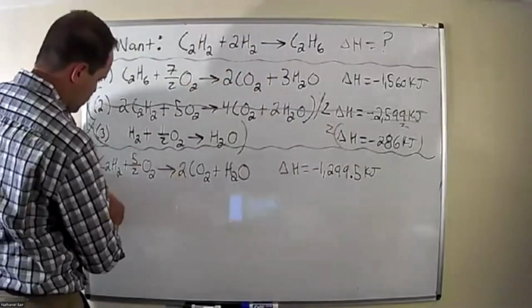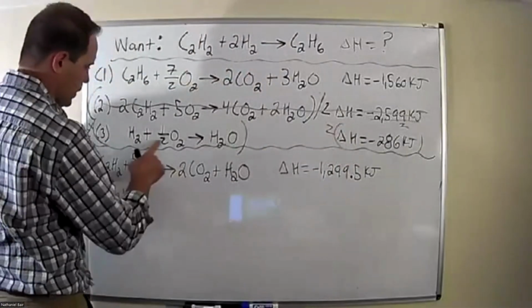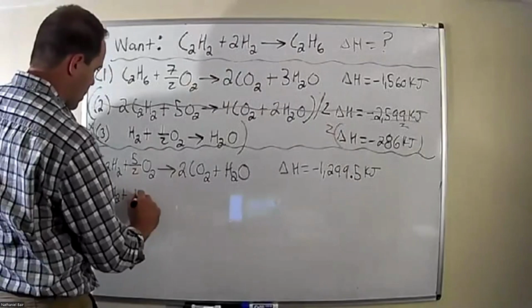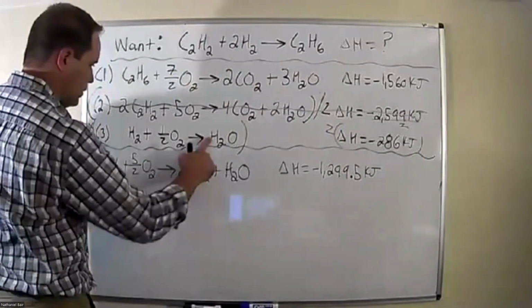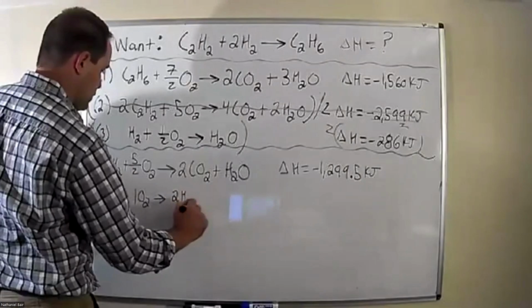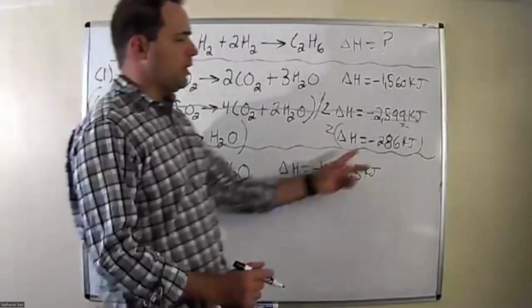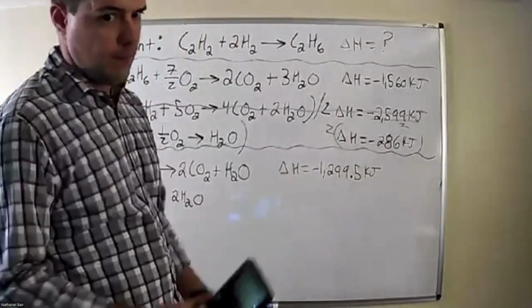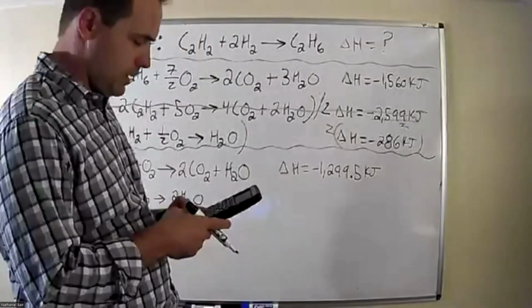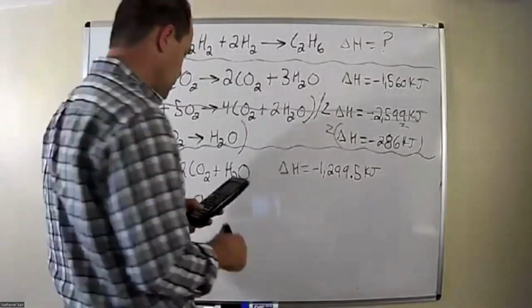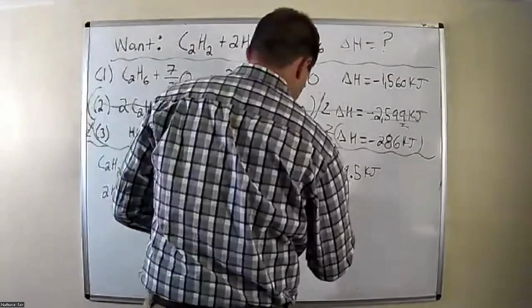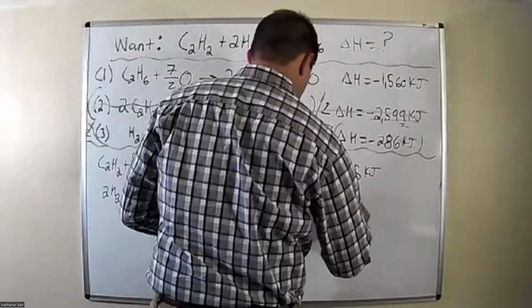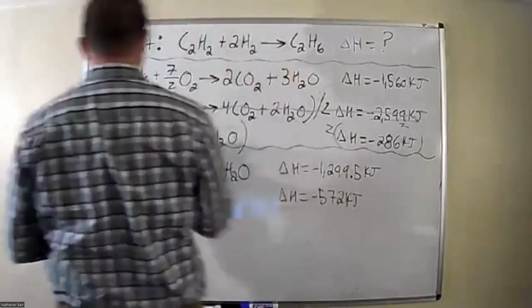That's going to become 2H2 plus 1 O2, and that goes to 2H2O. Then we multiply that by 2, and that's going to be negative 572. Woo! Still got it. The delta H is negative 572 kilojoules. That reaction is now gone.